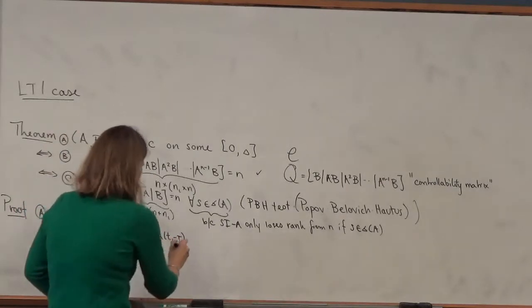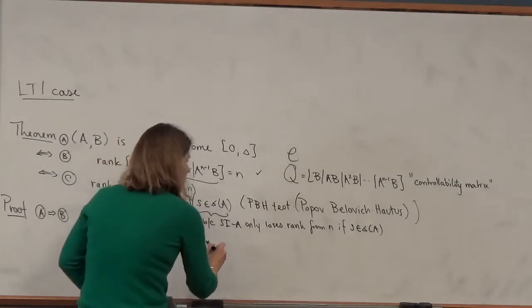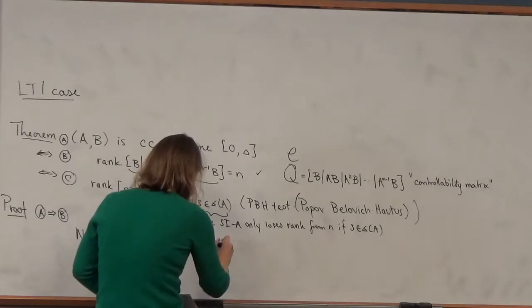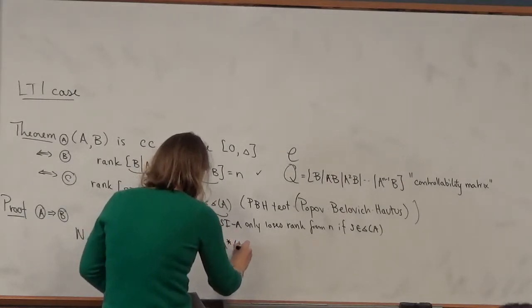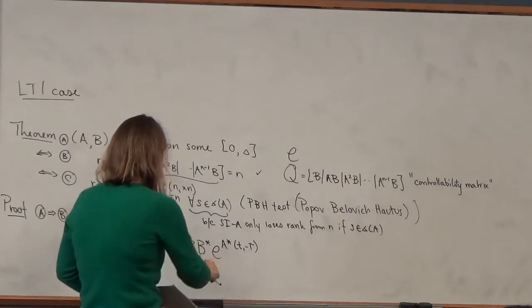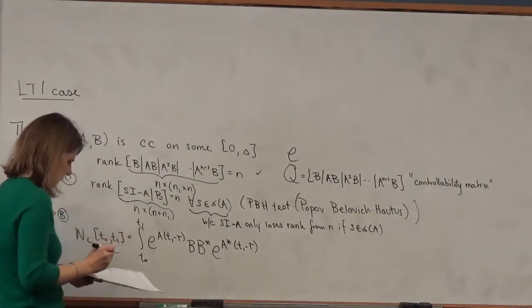B is time invariant, so that's just B star, and then e to the A star (T1 minus tau). So the integral should be from T0 to T1, thank you, d tau.